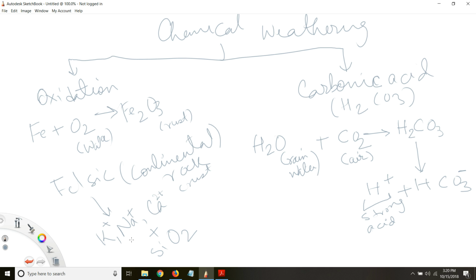This H plus will knock off the potassium or sodium or calcium from the chemical structure of this felsic rock.